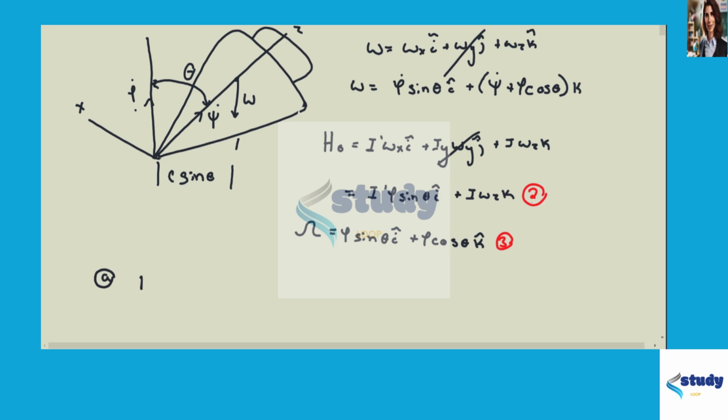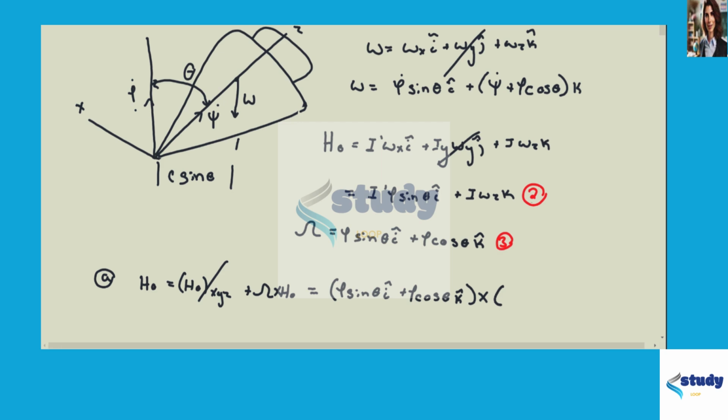Okay. So we're going to do M_O equals the H_O in XYZ plus delta H_O, and this is a cross product. And this term cancels out. Now we're just going to do the cross product of phi sine theta i plus phi cosine theta k. Sorry, I just keep getting those mixed up.